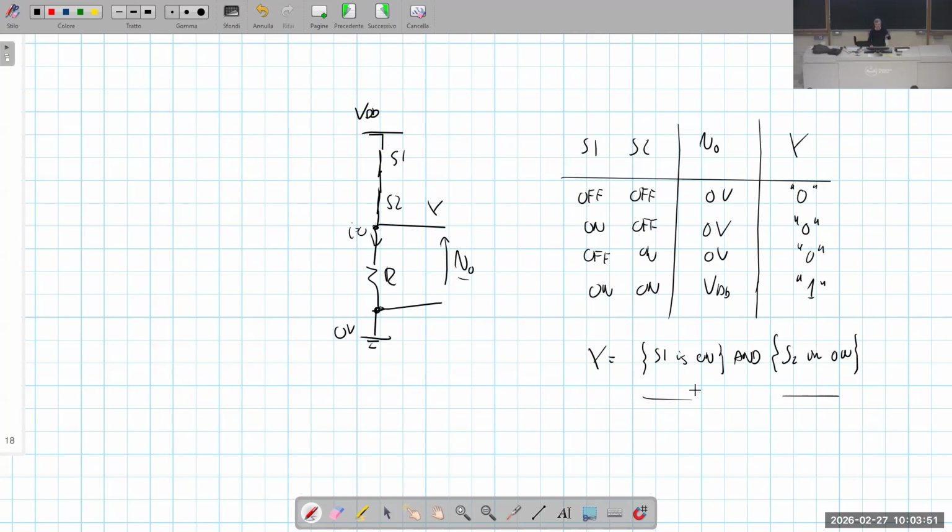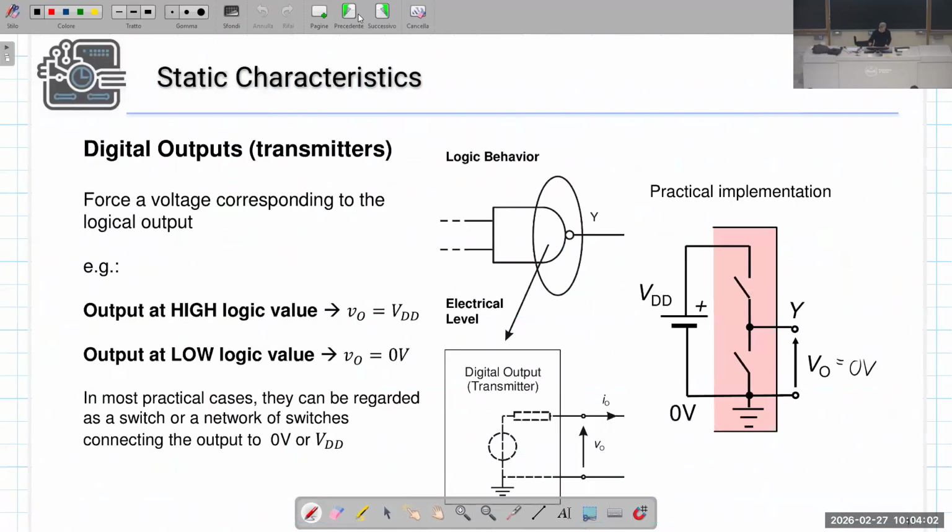This will be the key to understand the operation of real-world digital gates. This is why, even if now we are still talking about electrical characteristics in a more abstract way, digital inputs, digital outputs in a more abstract way. By the way, this gives some insight on what there is inside the black box. Okay? Is that clear?